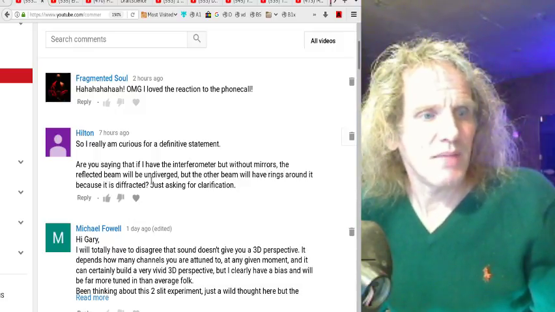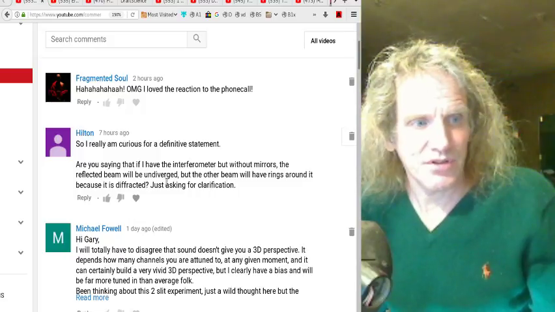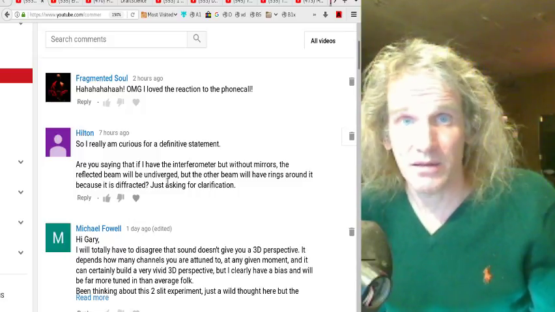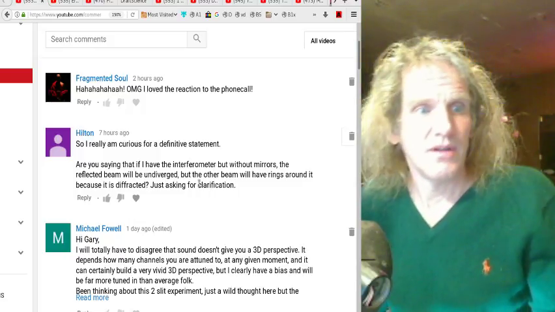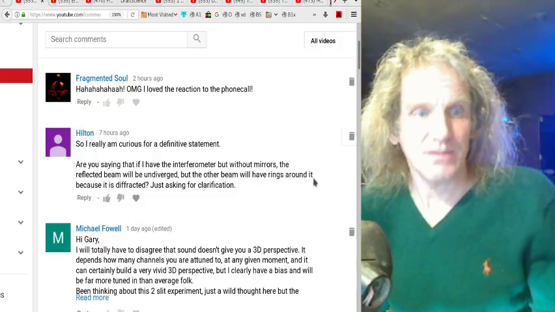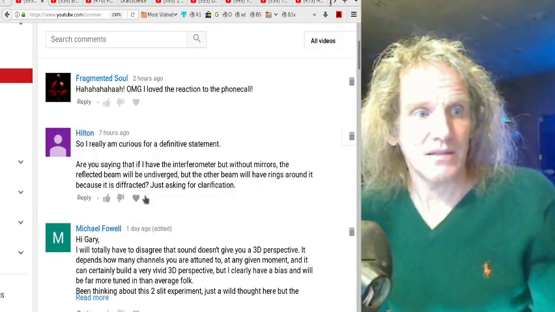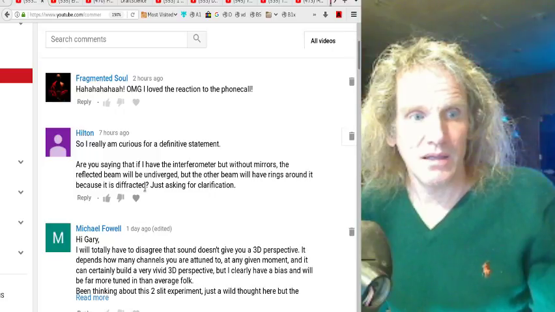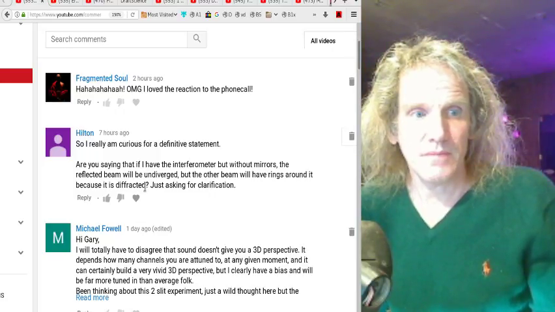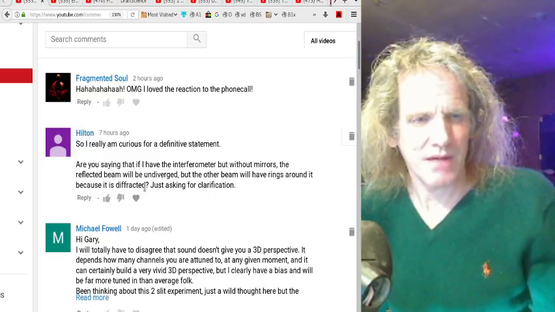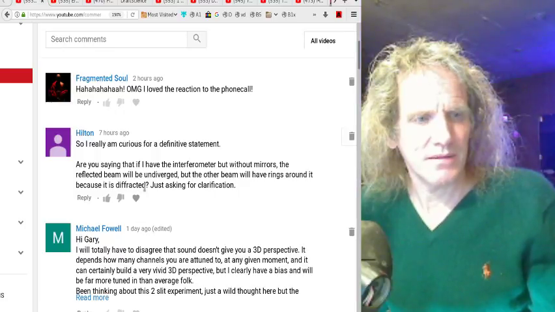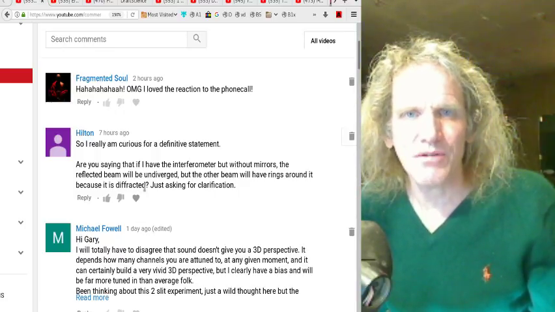The reflected beam will be undiverged. That's right, not diverged as much. But the other beam will have rings around it, because it is diffracted. No, it'll be spread out more.